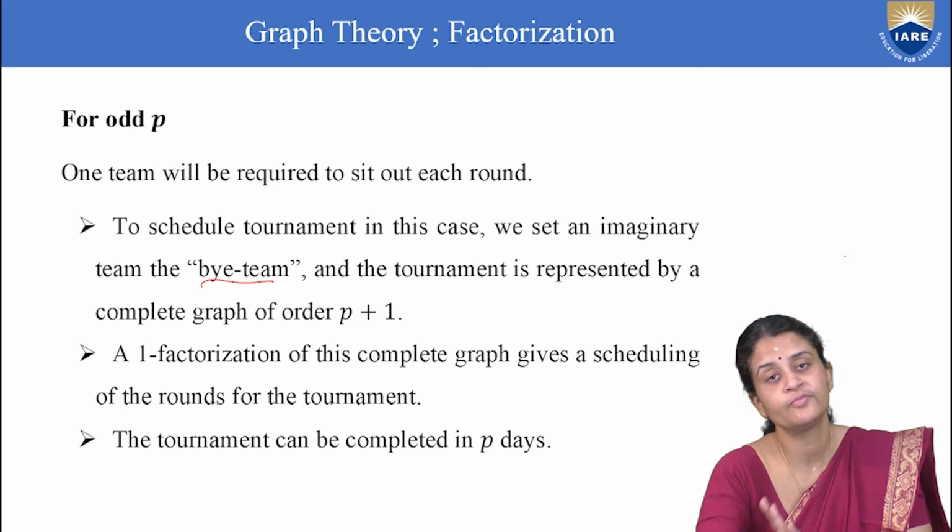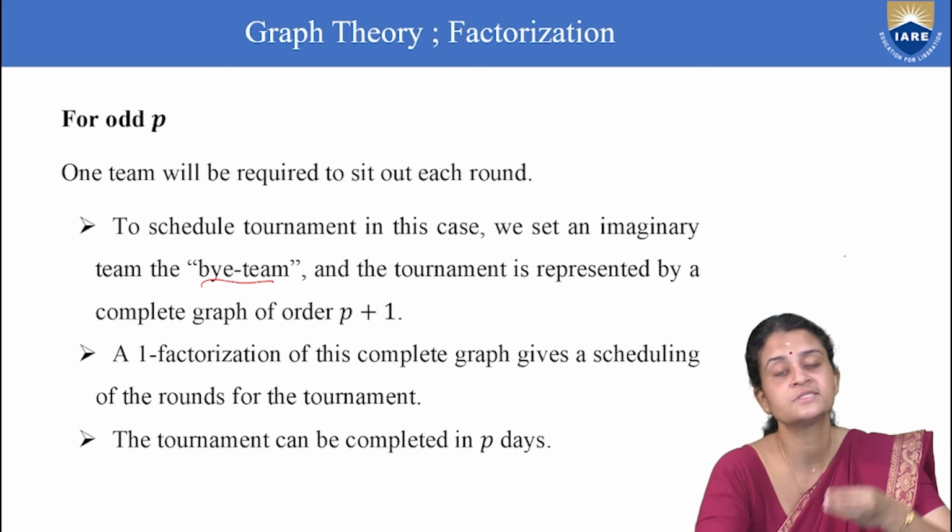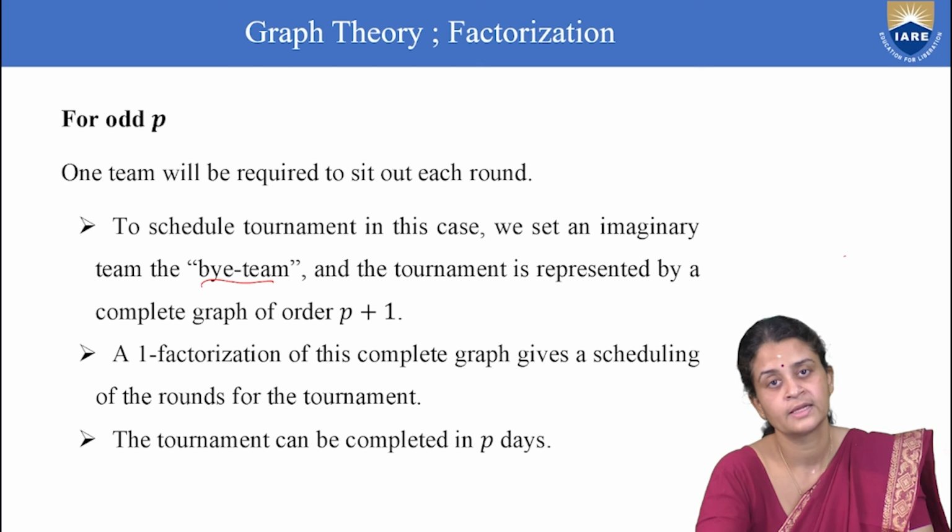So we have p teams, which is odd, and we consider another imaginary team, the bye team, added to these teams. So including this bye team, it becomes p plus 1 teams. Then the one-factorization corresponds to the complete graph on p plus 1 teams.